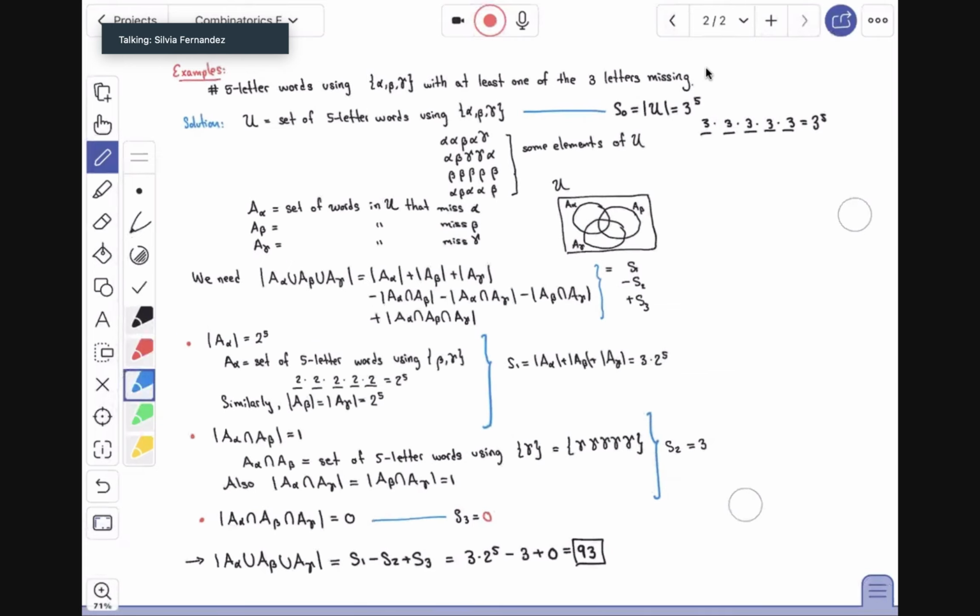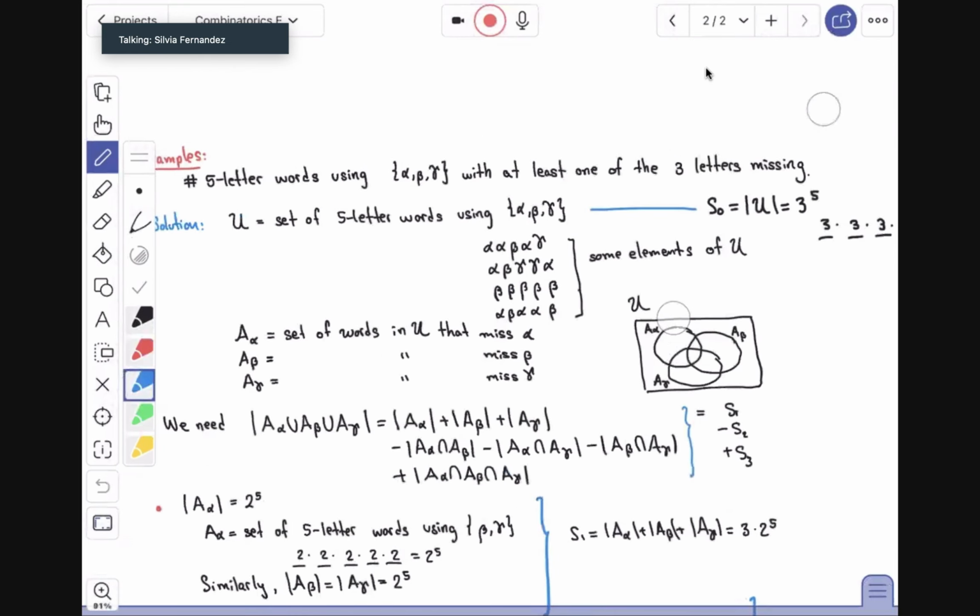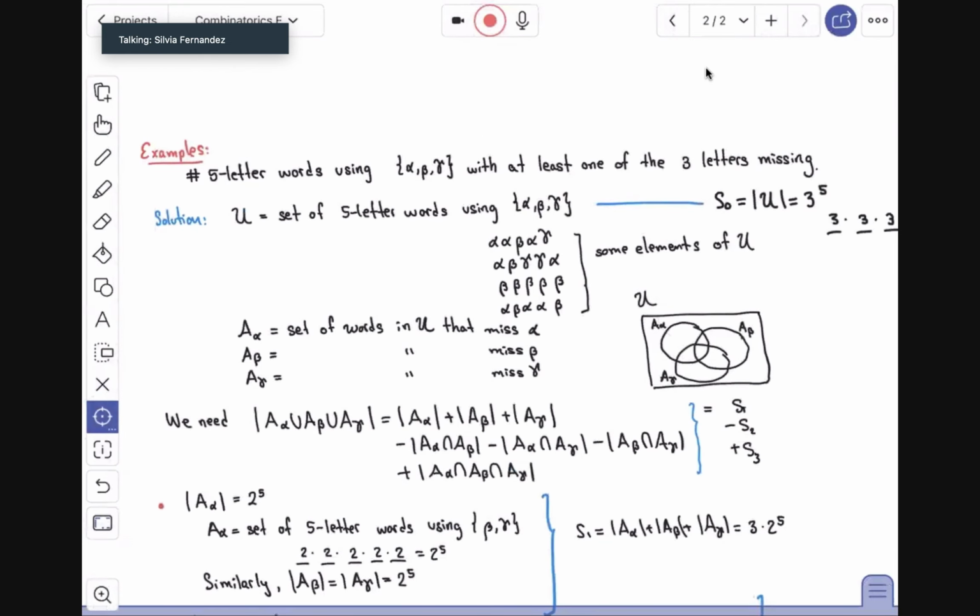Okay, so in general, when you have a problem like this, you have to identify your sets if you think that you can apply the inclusion-exclusion principle. So in this case, it says 5-letter words with at least one of the 3 letters missing, right? Because they need to miss one letter, I decided to make my sets so that each set is missing that specific letter.